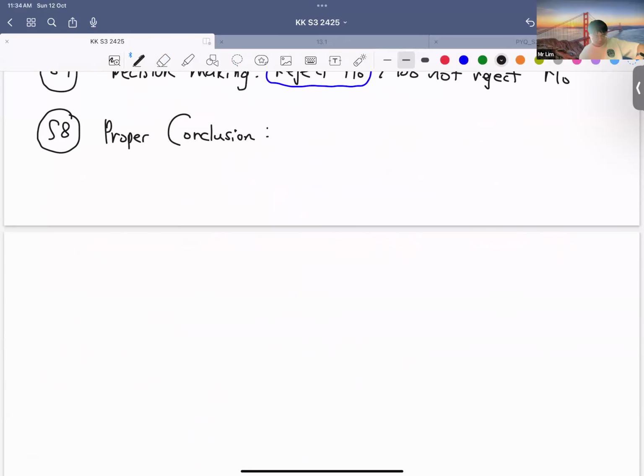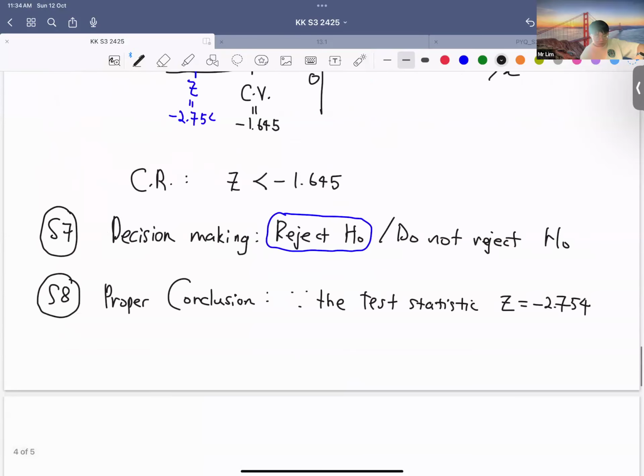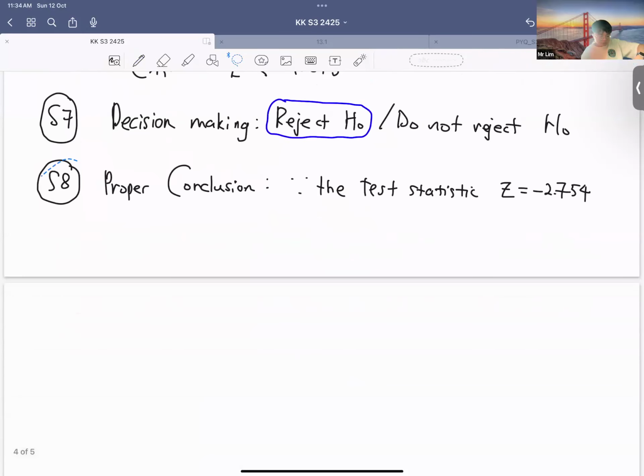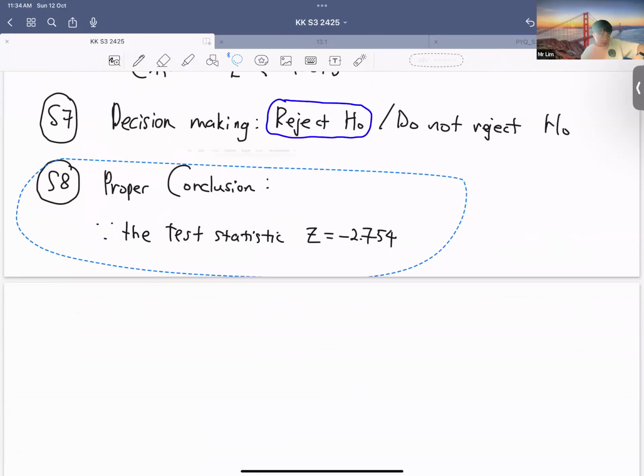So we have to say, since the test statistic Z equal to negative 2.754, let me put it down here.